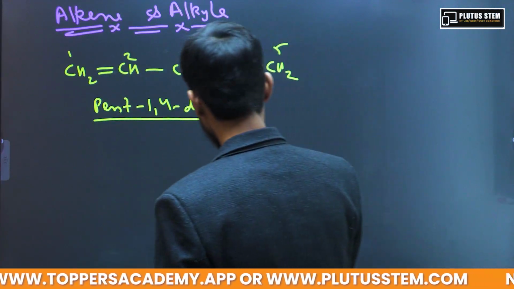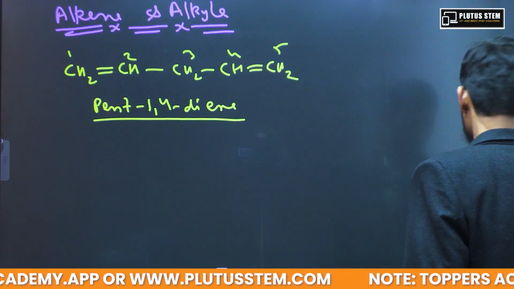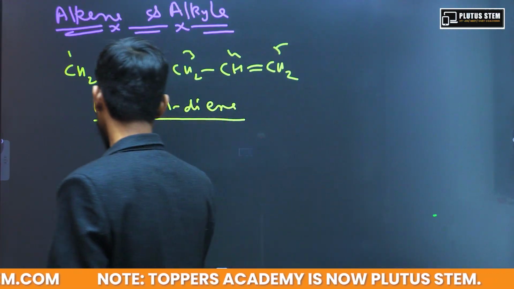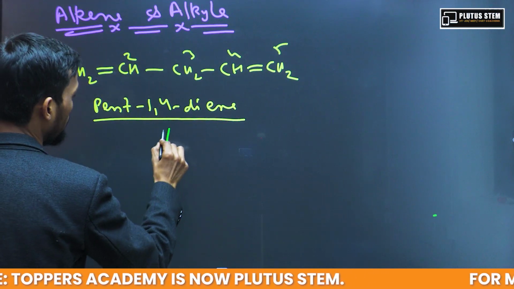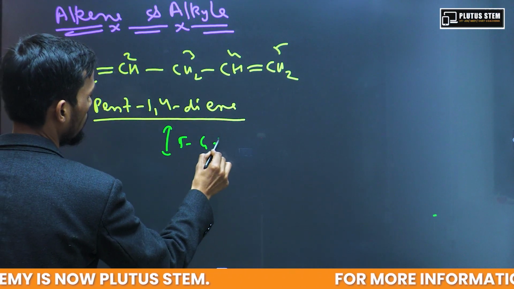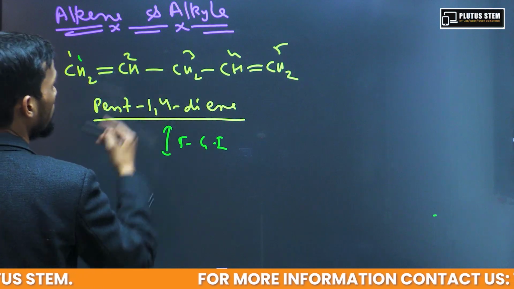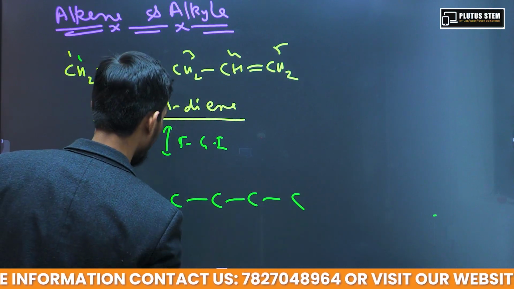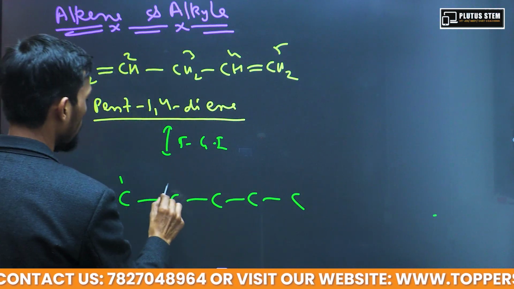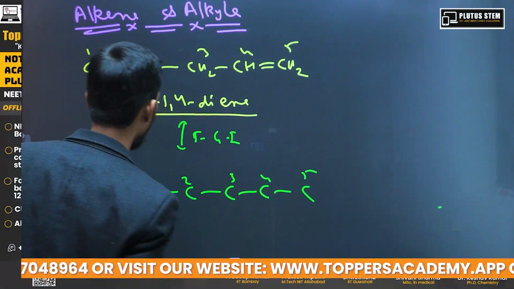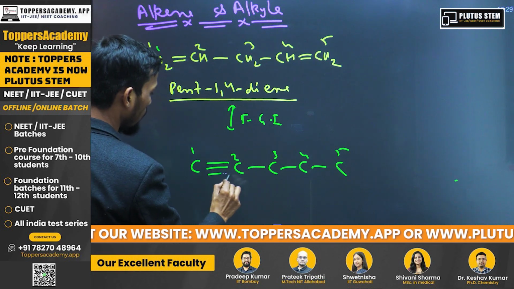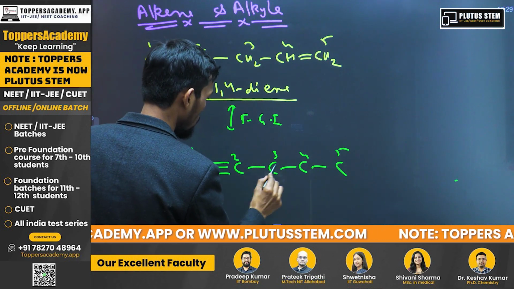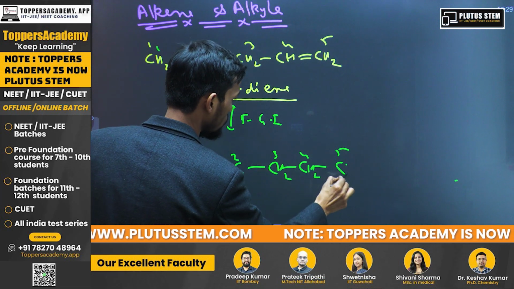And if we want to see a functional group isomer of this compound, 5 carbons are there, 1 2 3 4 5. So can we draw like this, one triple bond over here? Clear? CH, CH2, CH2, CH3.